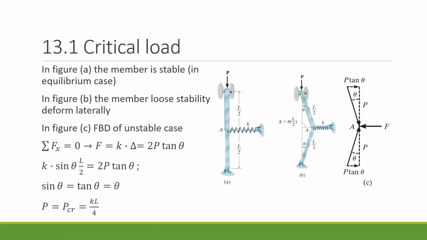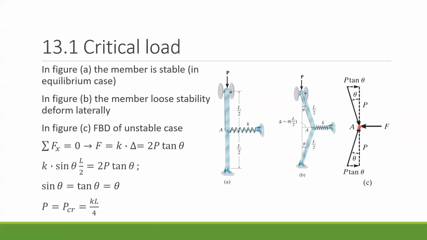You can see the shape in A here, and we also draw the shape when this column loses stability, like this, and we draw it in point C. Then comes the free body diagram.